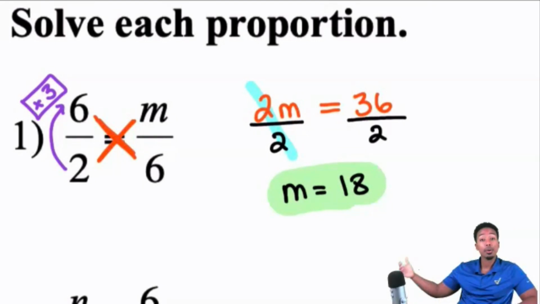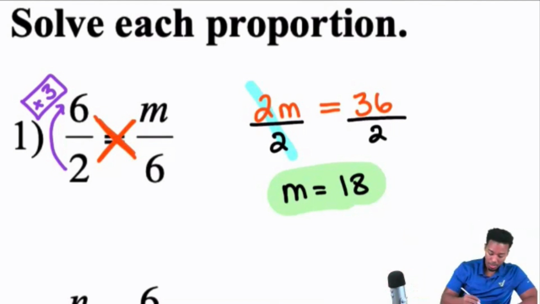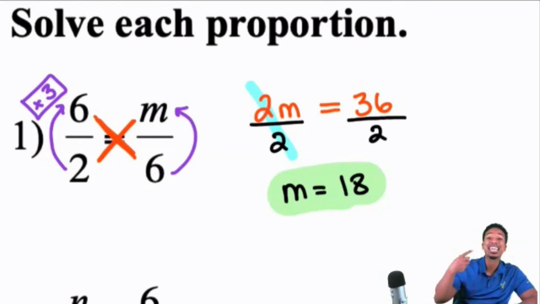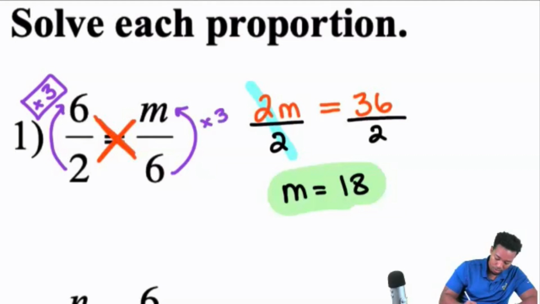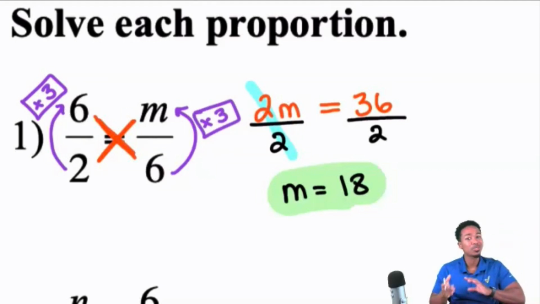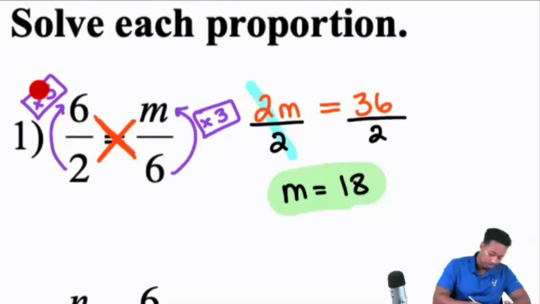If I'm going bottom to top, then I'll go bottom to top in the same way. So here's what I mean. The same comparison, bottom to top, in the same way, times 3, times 3.